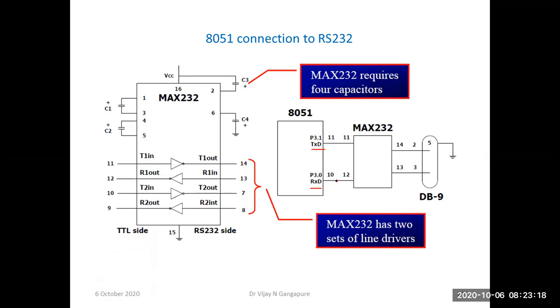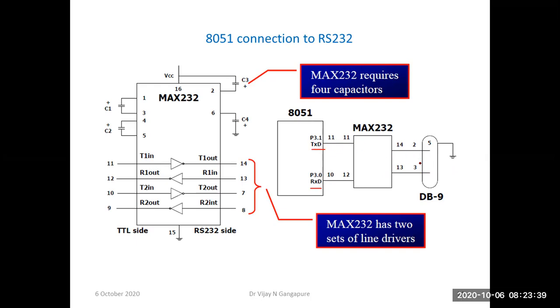That means on this pin, data will be output by the MAX232, received from this DB9, that is, the RS232 port of the PC or any other device. And on pin 11 of the MAX232, T1 in, it will receive data from the 8051 TXD pin.